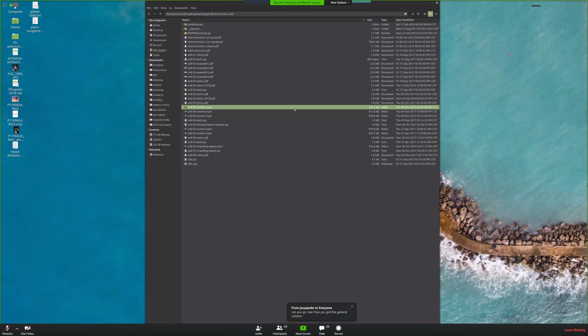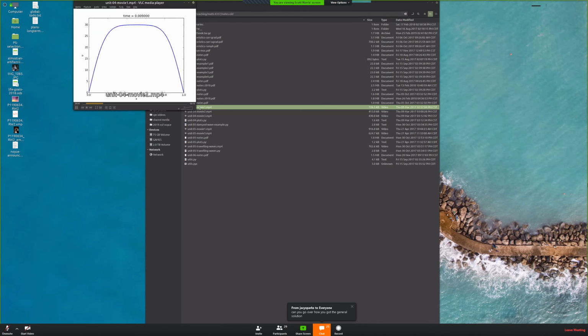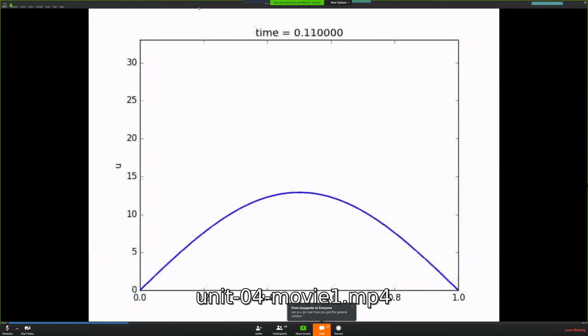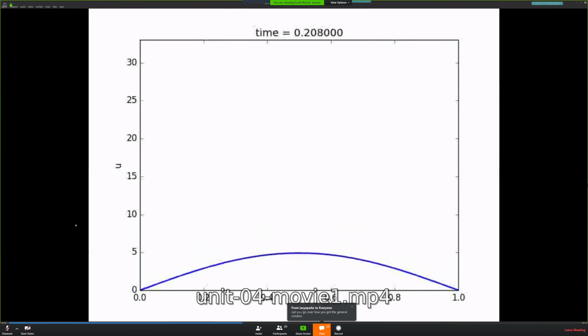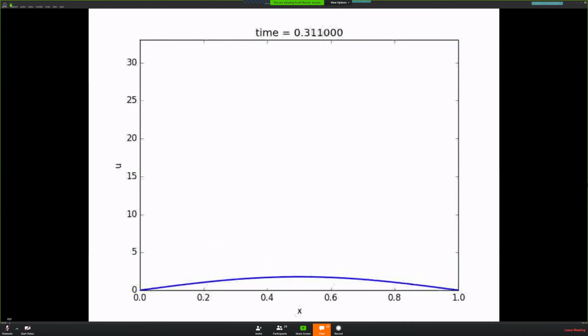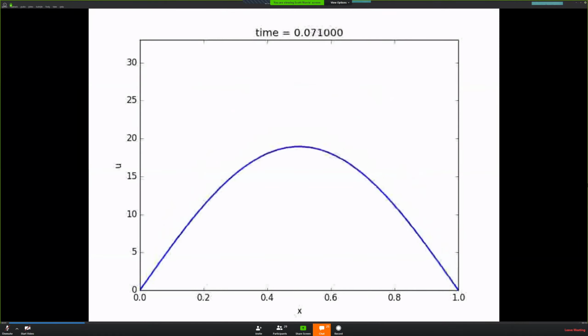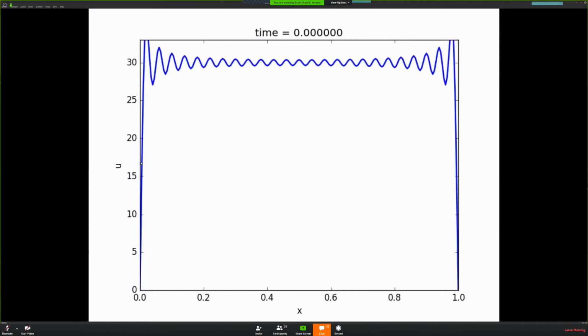Let's watch a movie of that exact thing. All right, let me bring it back and let me freeze it. Okay, so a couple of comments. Here's my initial condition, or at least my attempt to represent the initial condition.